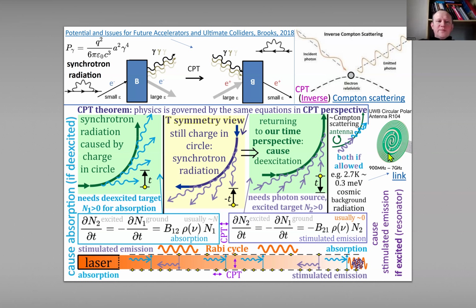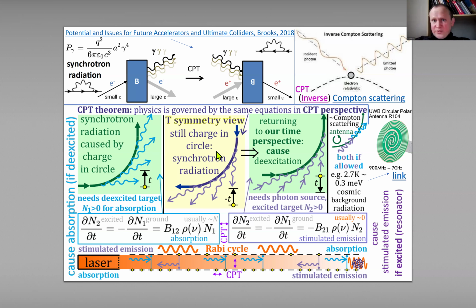So let's think about this CPT symmetry perspective of synchrotron radiation. We have just an accelerating charge, usually on a circle, for example in a constant magnetic field. So photons are created, but looking from the CPT perspective, the equation should be the same, and this is still a charge on a circle, an accelerating charge, so it should still create photons in the CPT perspective.